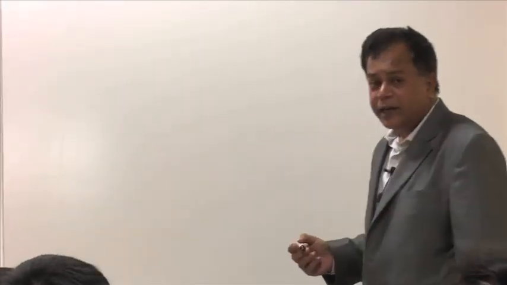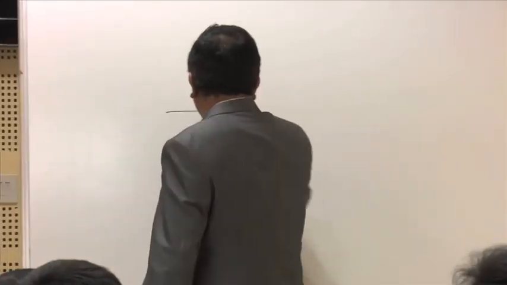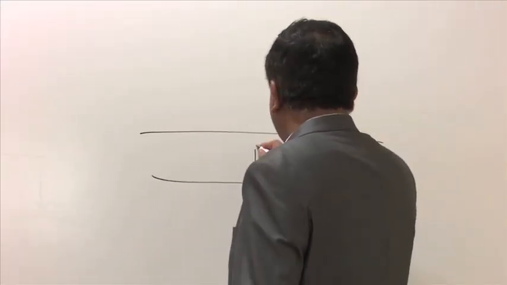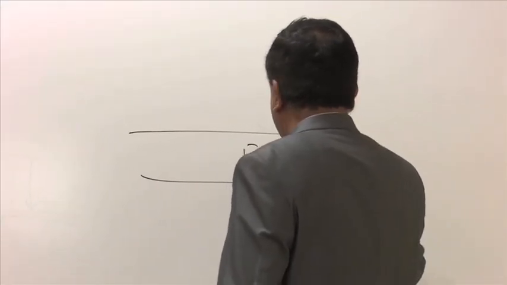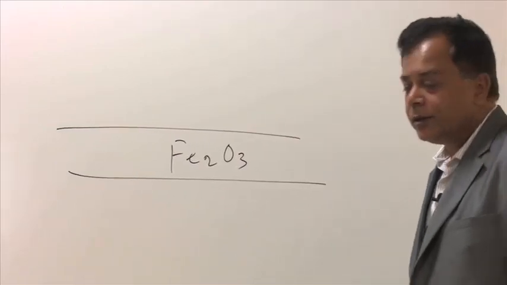Now, when you are feeding from the top at a height of 100 feet, if I take a snapshot of that, it happens like this, that is the distribution of the raw materials. It has different layers, like this is your Fe2O3, that is your hematite.